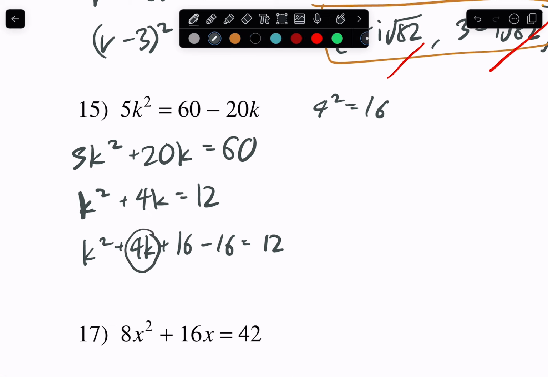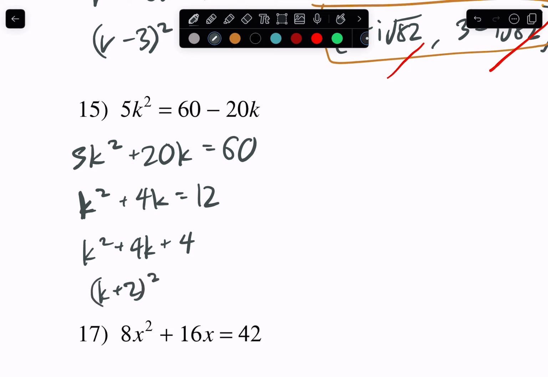It's not going to be 4k in the middle. Okay, let's try 8. No. How about 4? Yep, 4 is a good match.